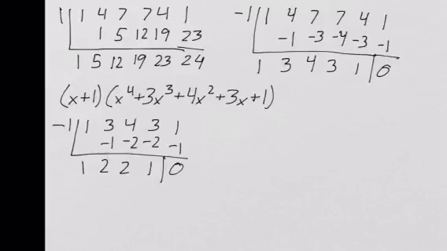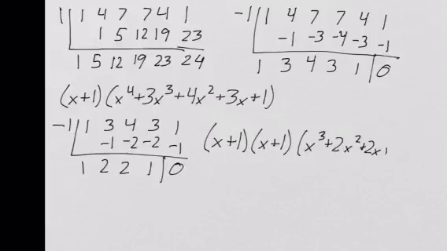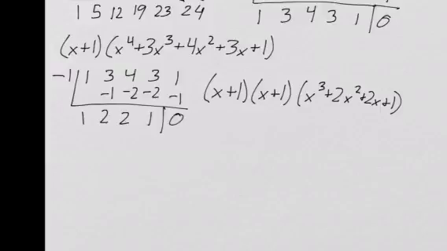So now I've reduced the factorization to x plus 1 times x plus 1 times x cubed plus 2x squared plus 2x plus 1. Let's see if we can factor that cubic polynomial, or find a root of that cubic polynomial.